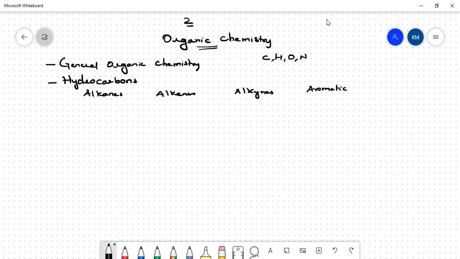So how was the chapter organized? You first study about the naming convention, right? So how do we name the various compounds? We study that first. Then we study about the physical properties. So when we say physical properties, it is about their boiling point, melting point, their smell, their nature, whether it is solid, liquid, right? So those are the physical properties that we study, and we study preparation methods.